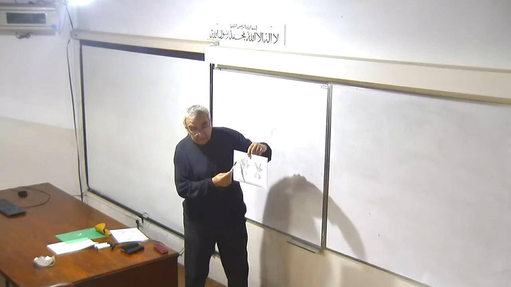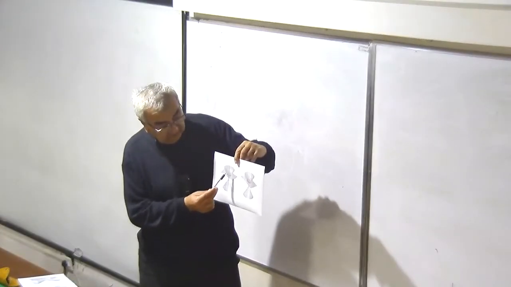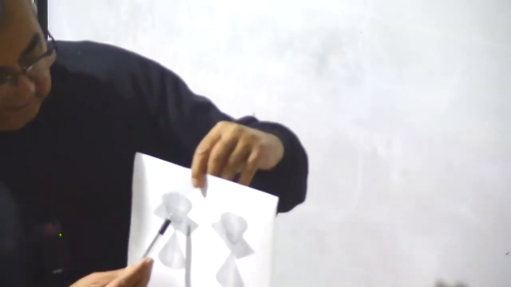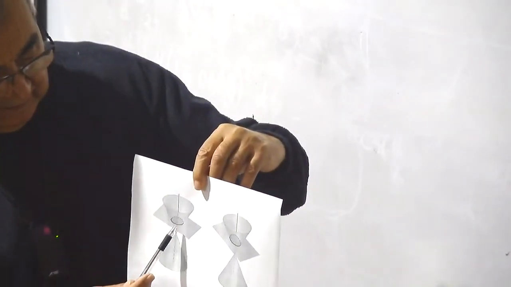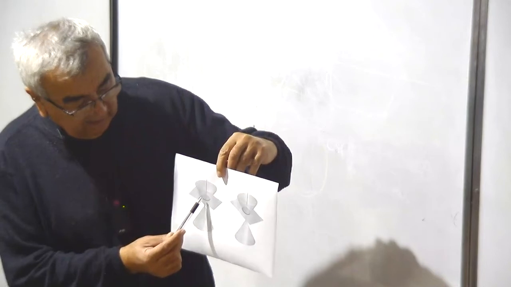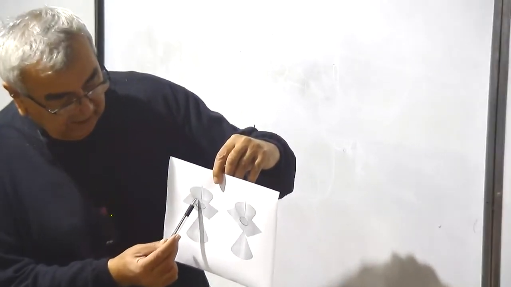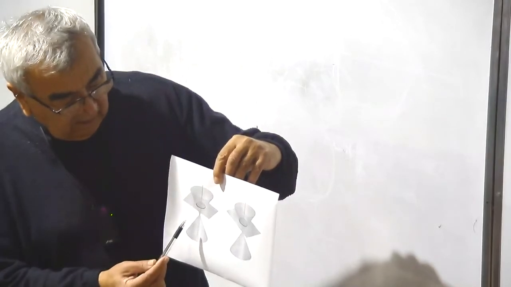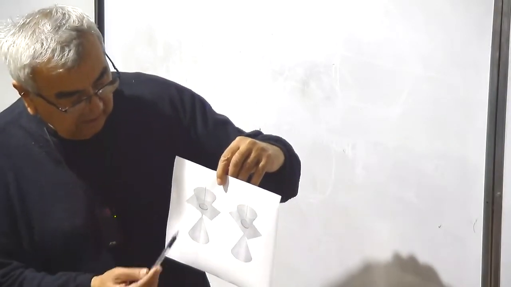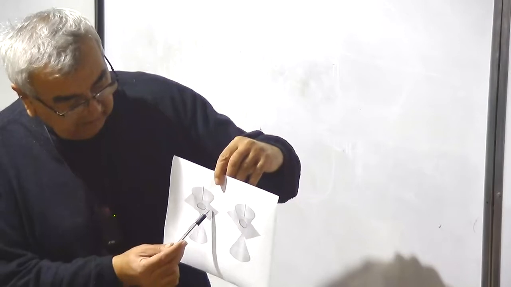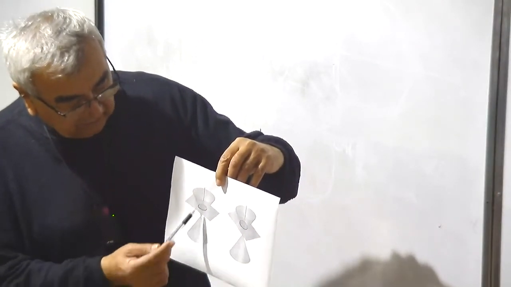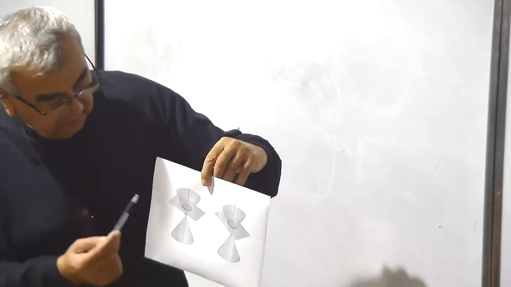You see here the cone, which is cut by some plane. This is a plane, and you see here appears this circle. That means because this plane is perpendicular to the axis of the cone.